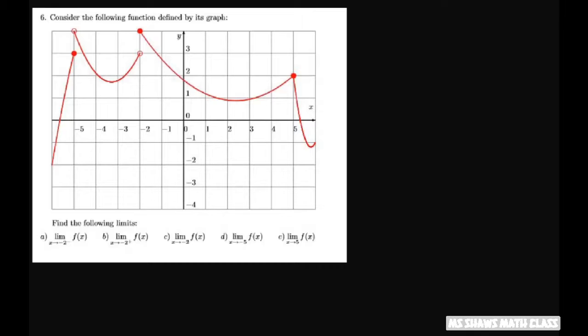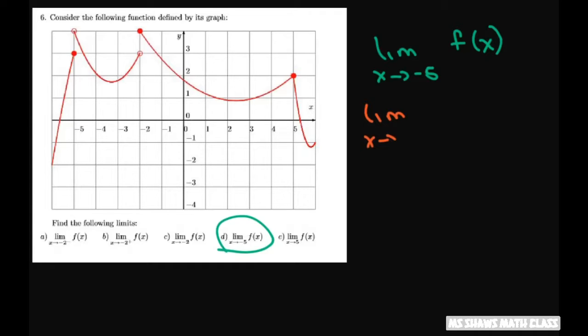Okay, so the next one says find the limit as x approaches -5 of f of x. So basically it's the same thing. So we're going to have to take the limit as x approaches -5 from the left, and also the limit as x approaches -5 from the right.